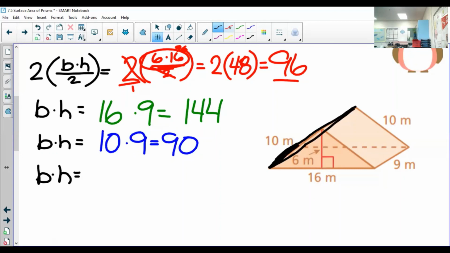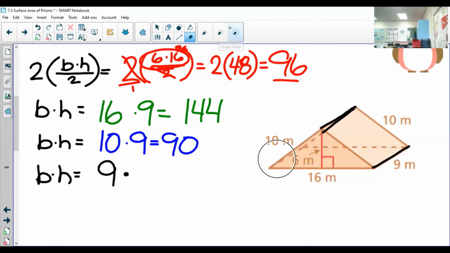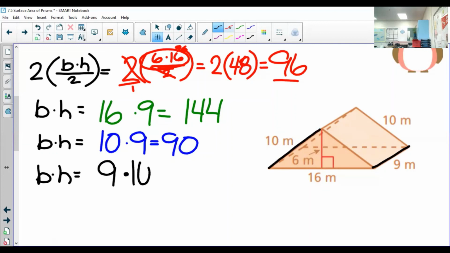Okay. Where else do you see another base? Right over here. So if this one over here is 9, we can assume that this is also 9 times, and then we just need this length, which they tell us is 10. So we have 9 times 10 again, which is 90.